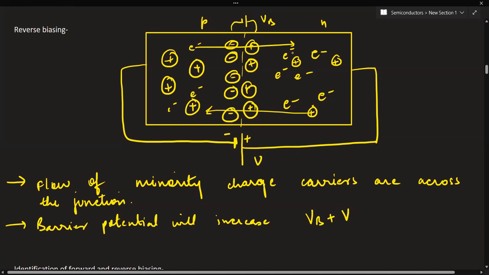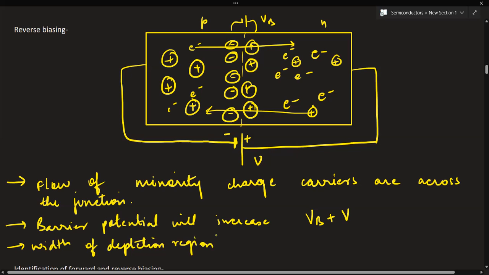Now see, since electrons are moving back, this negative part is also getting reduced, and since holes are moving back to the P type, this positive part is also getting reduced. So what should happen to the width of the depletion region? Increase. The width of the depletion region will now increase.